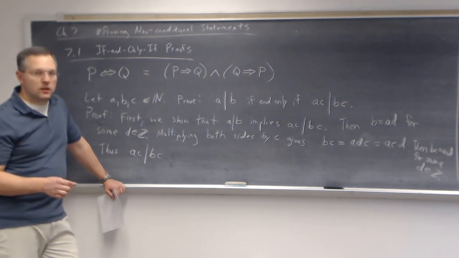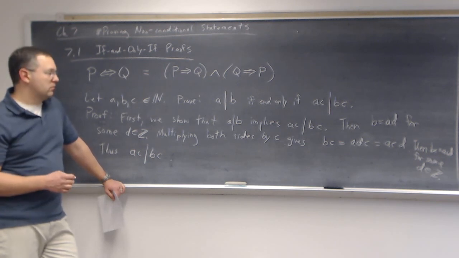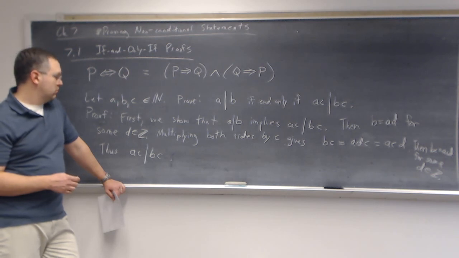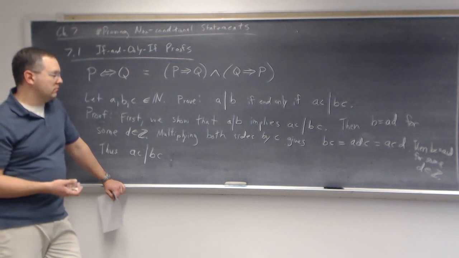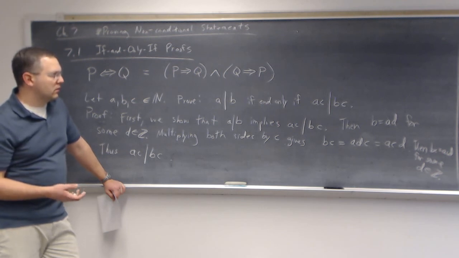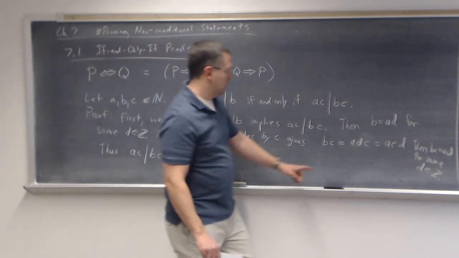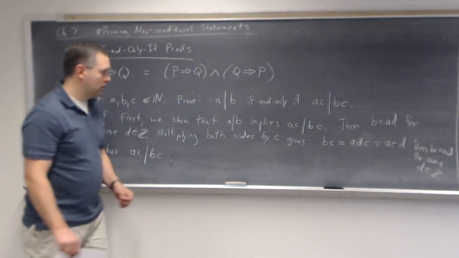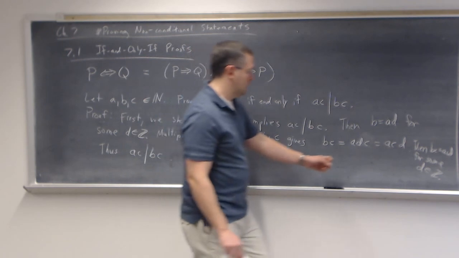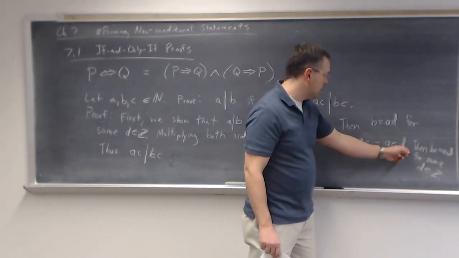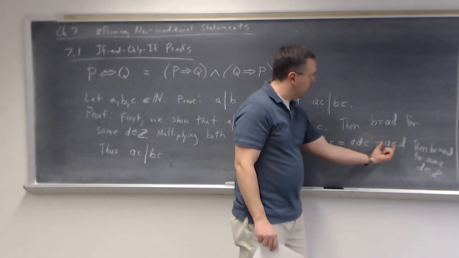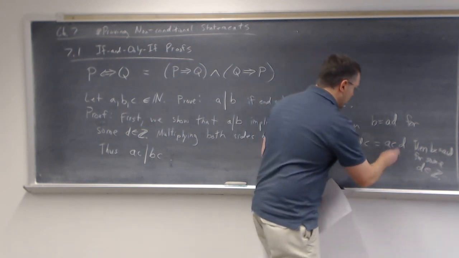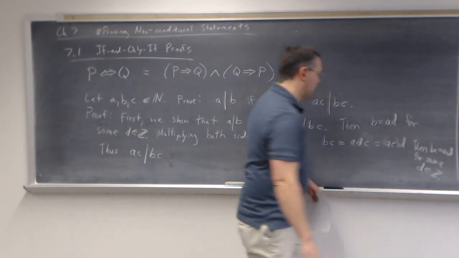Okay. How can you get from AC to ACD? Say again. If your final is AC divides BC, and you have BC equals ADC, where did the D go? It's the same D. I mean ACD. I just moved the C; I moved the Cs next to each other. Is it better if I write it like this?